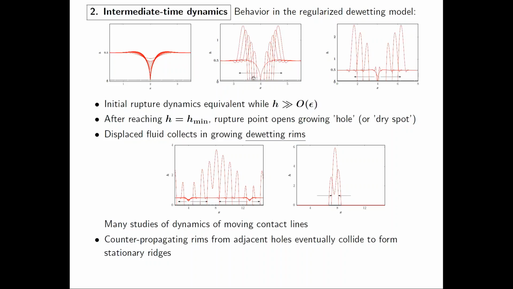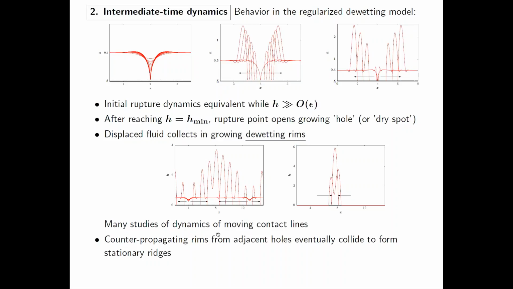And so you'll get effectively a parting of the Red Sea. There'll be an empty, almost dry layer while the fluid gets pushed to the left and right of the hole. And so you'll find a lot of papers studying these growing dewetting rims that counterpropagate to open up a hole, a dry spot in the middle.